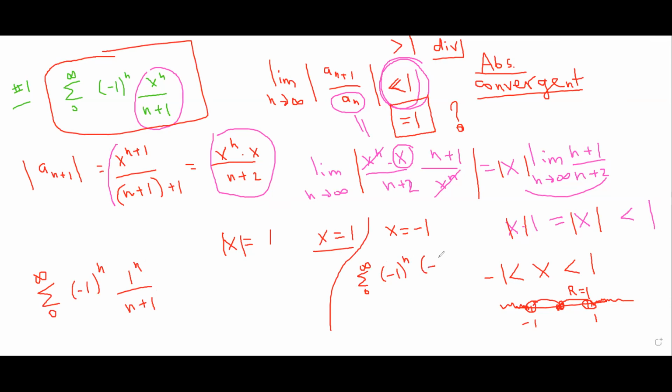So looks like for the second case, my -1 is going to disappear, right? Because when I multiply -1 to the power of n by another -1 to the power of n, I'm going to get -1 to the power of 2n. And when I square it, I get 1, so that power of 1 was always going to be 1.